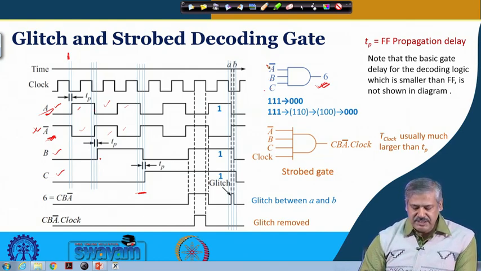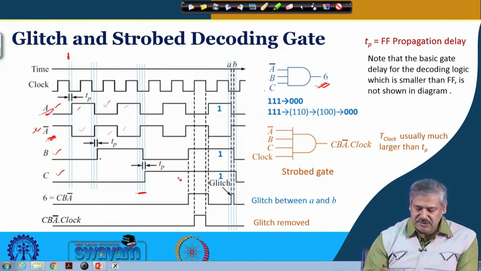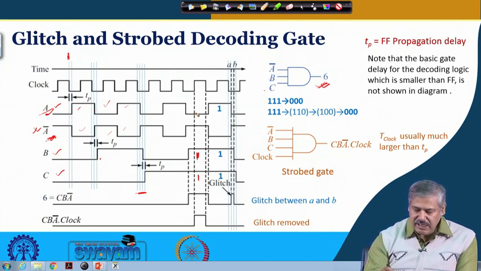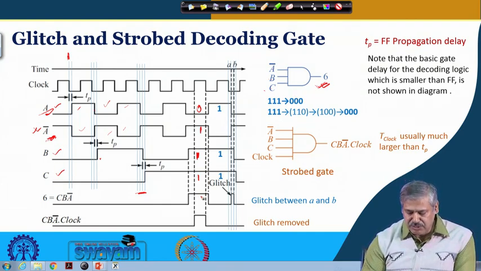So, this is happening where? When it reaches the count of 6. This is the case, C is 1, B is 1 and A is 0, so A bar is 1. These 3 are 1 at that time, A bar, B and C, and the output will go high, that is what you see.